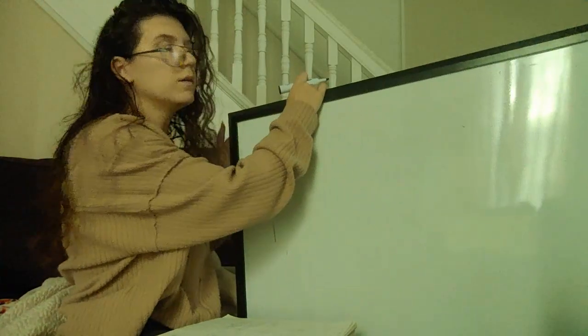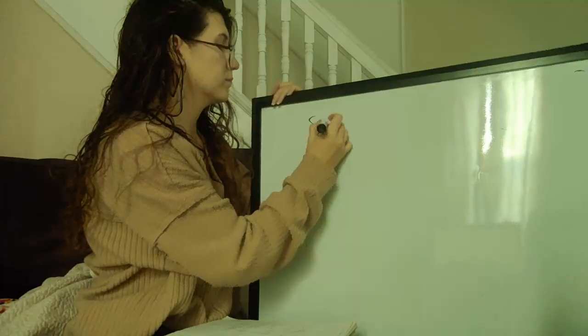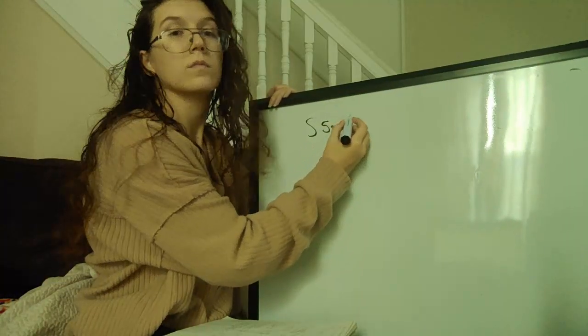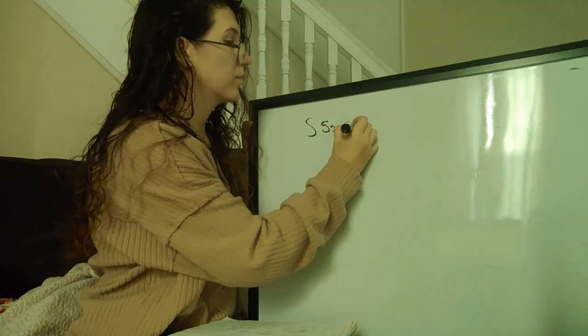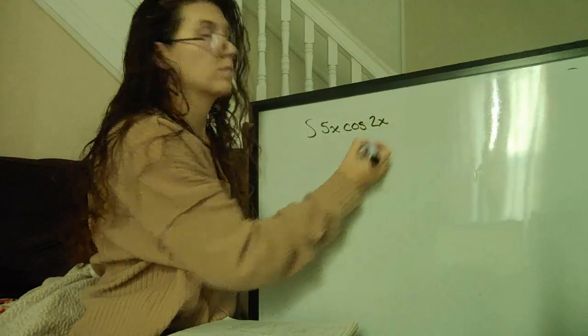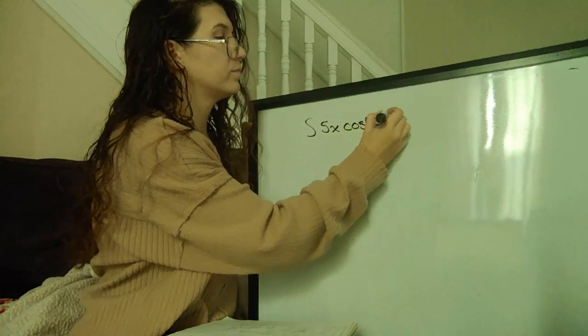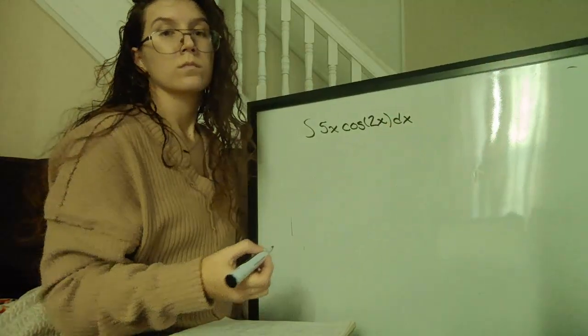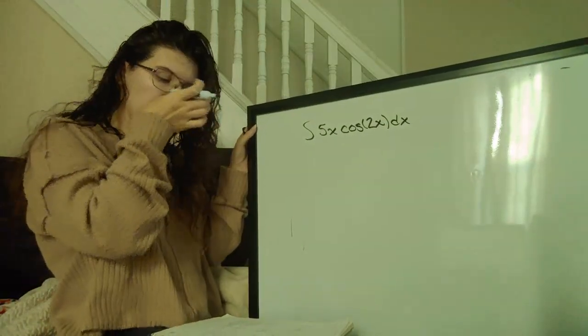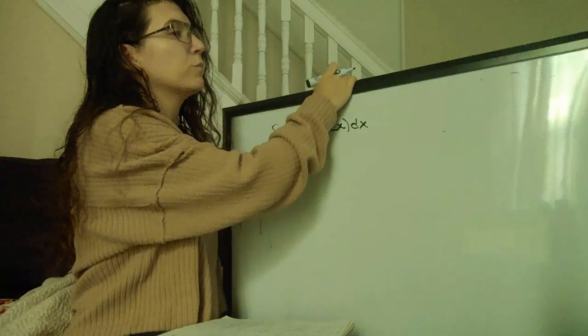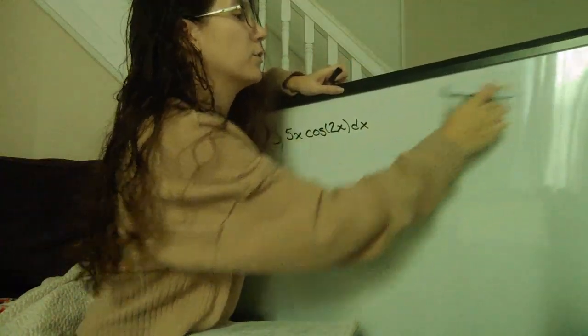So this is going to be, all right, and we're just going to need a plus c at the end of this. This comes from just knowing our integration by parts formula.